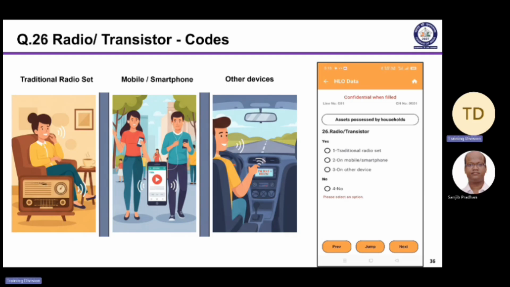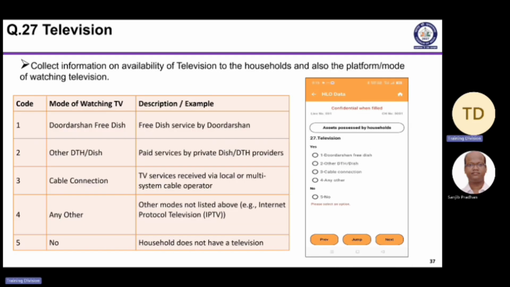So we will move to the next question, television. Here again, it's a combination of asset as well as services. We are taking availability of a TV set as well as the means of watching television. There are five codes. First is Doordarshan free dish. Second is other DTH or dish, like paid services by private dish or DTH providers.